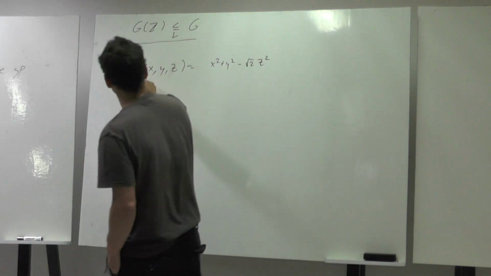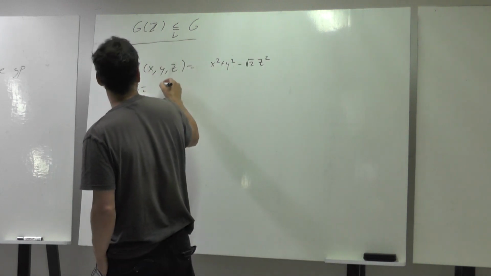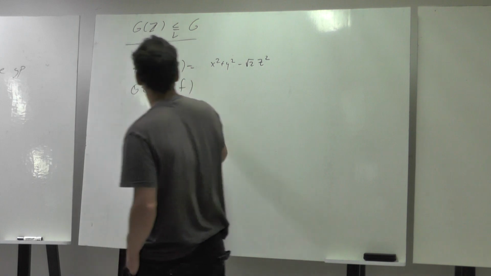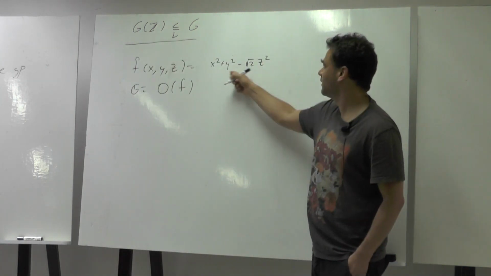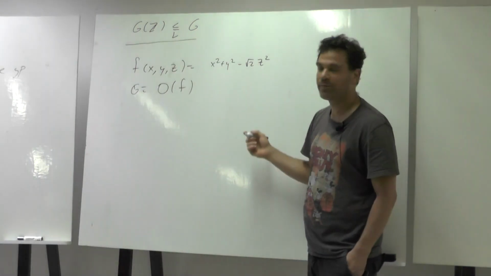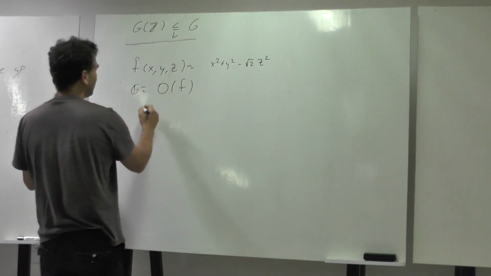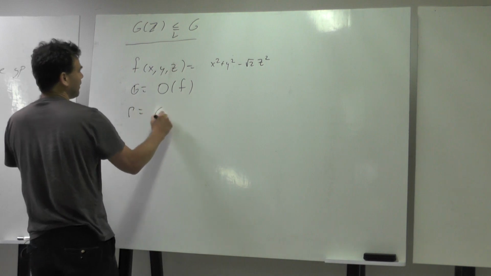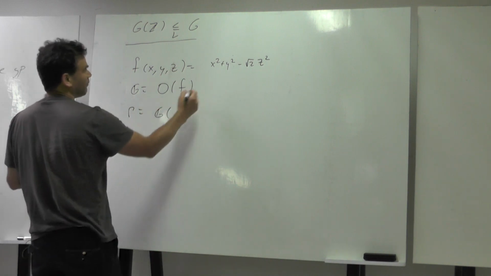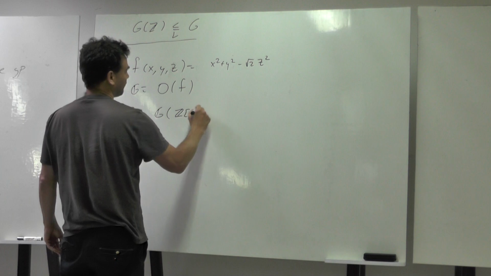And then define G to be the group that preserves this form. So it's a group defined over the number field Q(square root of 2), and define gamma to be G of the ring of integers Z[square root of 2].